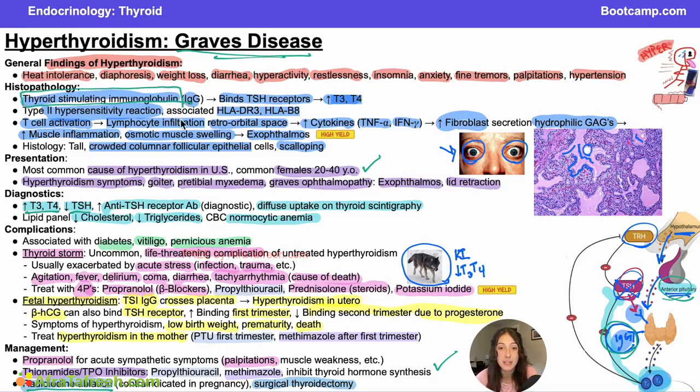That thyroid-stimulating immunoglobulin is still present in mom. And as we mentioned in this video, that IgG, because it is an IgG, can cross the placenta and stimulate the baby's thyroid. So even though mom had a radioiodine ablation, because she has this history of Graves', she should have been on PTU and methimazole throughout her pregnancy. If she wasn't, her baby will have hyperthyroidism, and that is what is going to be leading to the symptoms that we're seeing in this baby.